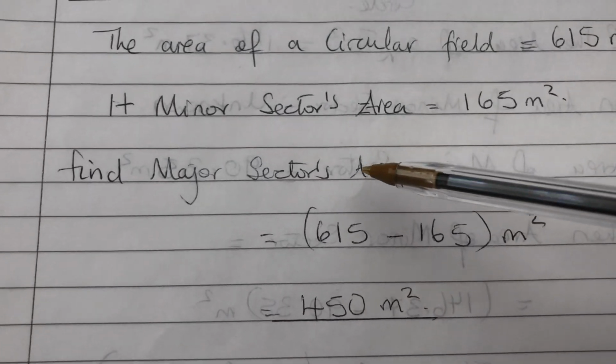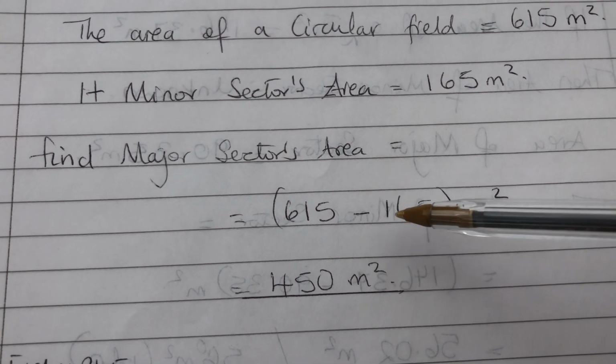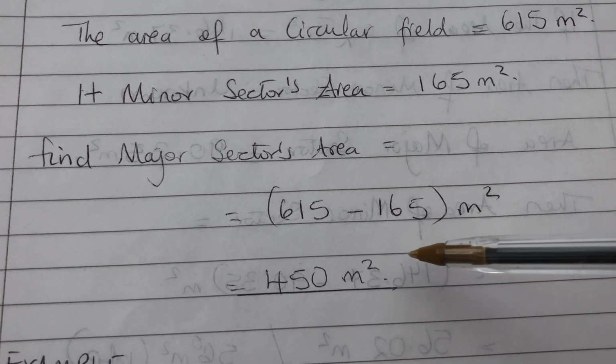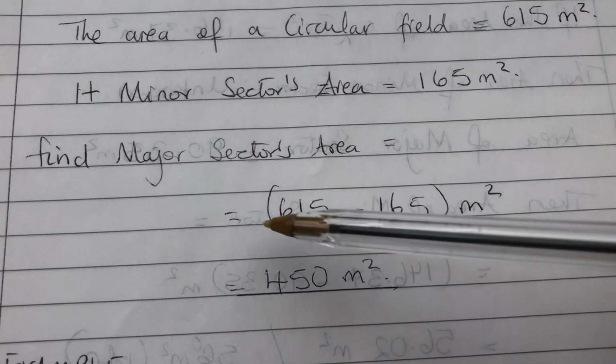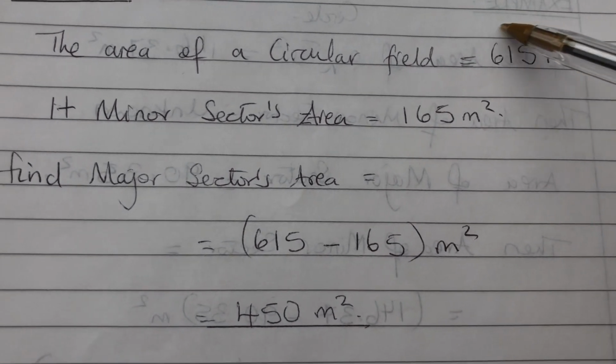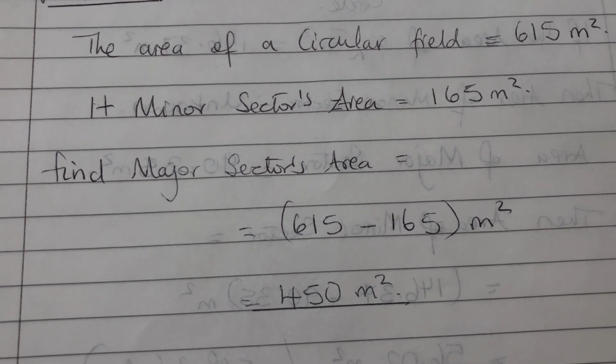To find the area of the major sector, it is 615 minus 165, which is 450 meters squared. You can do this without a calculator because you don't need to do any calculation. They've given you the figures.